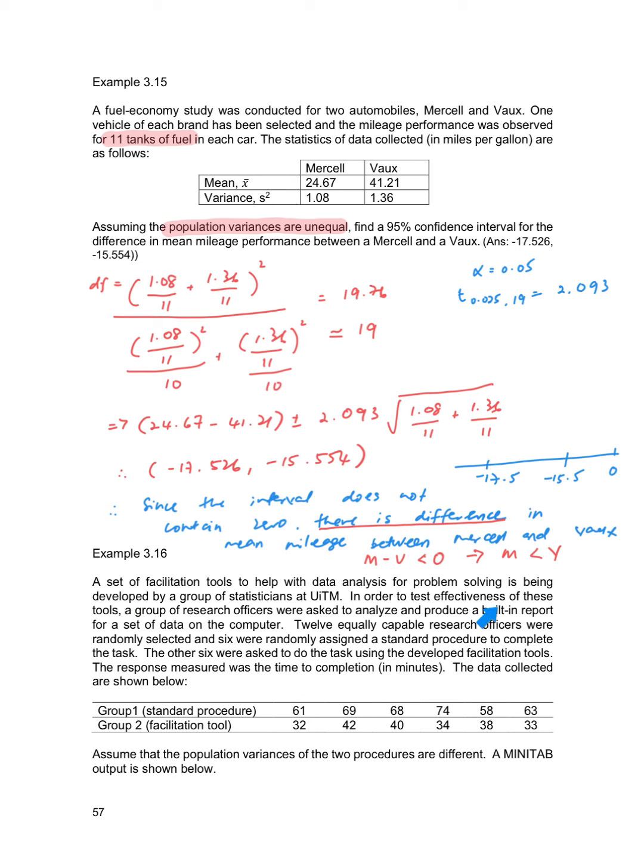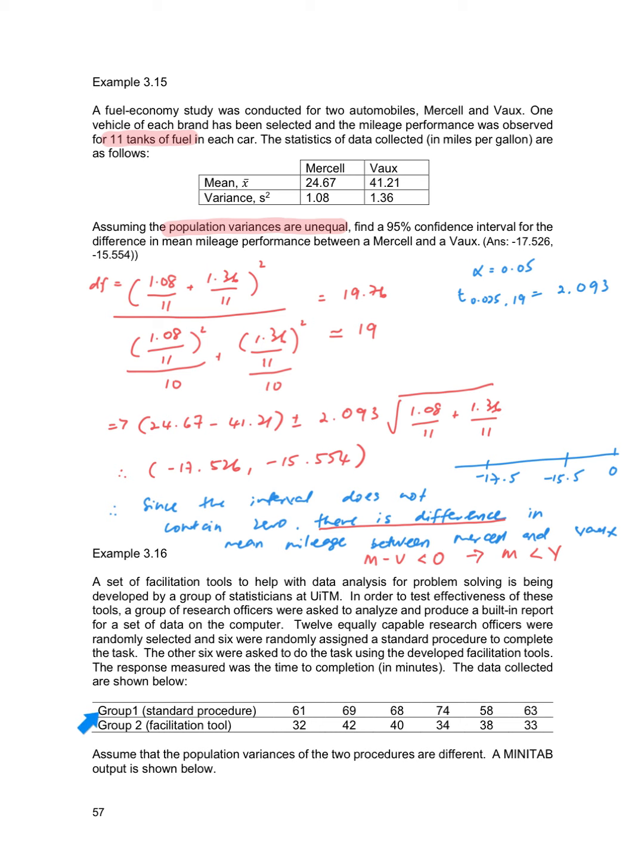In order to test the effectiveness of this tool, a group of research officers were asked to analyze and produce a built-in report for a set of data on the computer. 12 equally capable research officers were randomly selected, and 6 were randomly assigned a standard procedure. The other 6 were asked to do the task using the developed facilitation tools. The response measure was the time to completion in minutes, and the data collected are shown below.